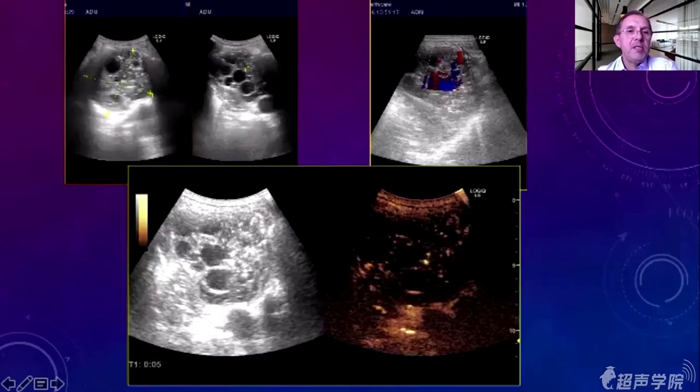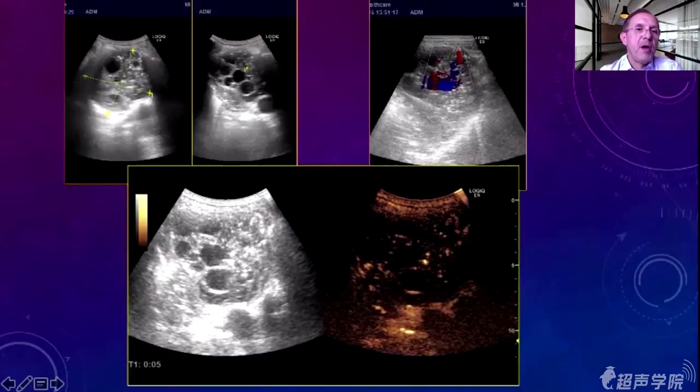And a very interesting case, it was sent to us for a biopsy. We did an ultrasound, you see this mass, which contains both solid and cystic areas, but it was very round. It was very suspicious for a tumor.